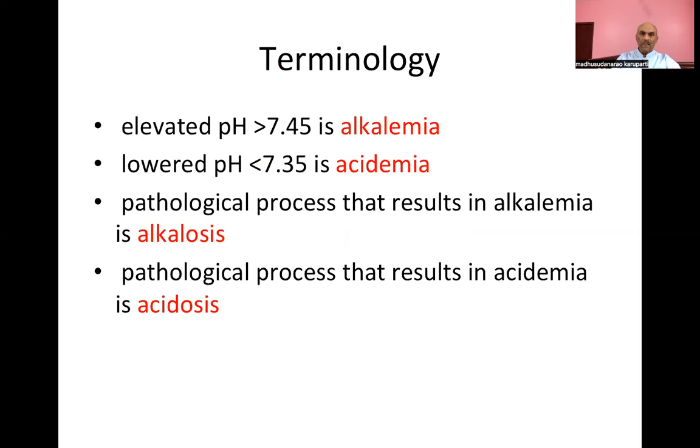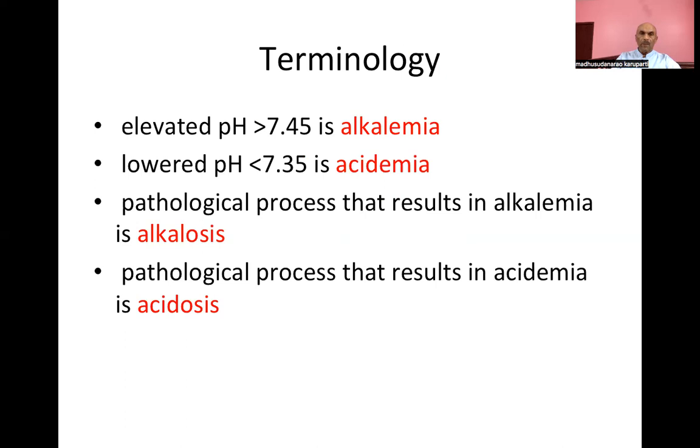It means elevated pH is described as alkalemia, lowered pH is described as acidemia. Then what is alkalosis? It is the pathological process that results in alkalemia. Okay. The same way, acidosis is the pathological process that results in acidemia.